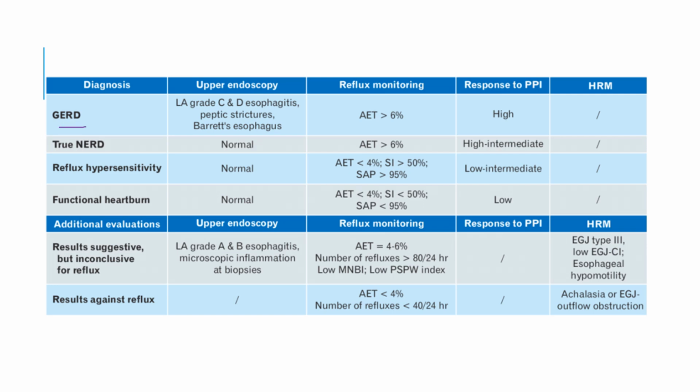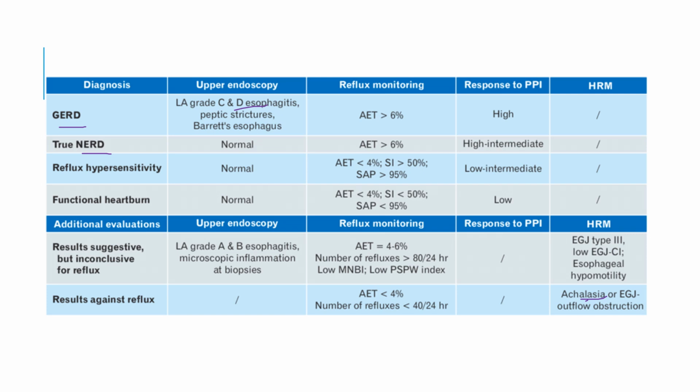What is GERD? NERD means non-erosive reflux disease. Then we can have achalasia, or we'll just see the difference. I don't want you to know the whole table, just see the difference. So Los Angeles C and D esophagitis in the endoscopy, that is all diagnostic of GERD.